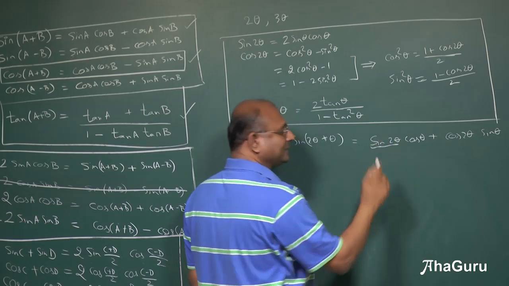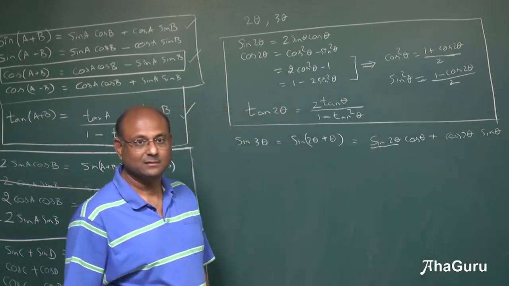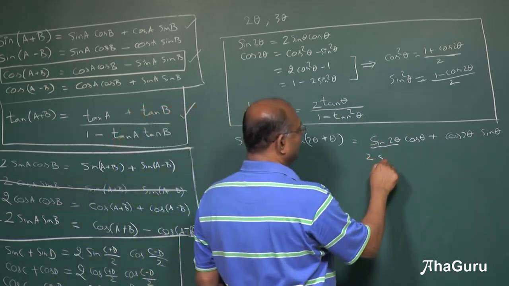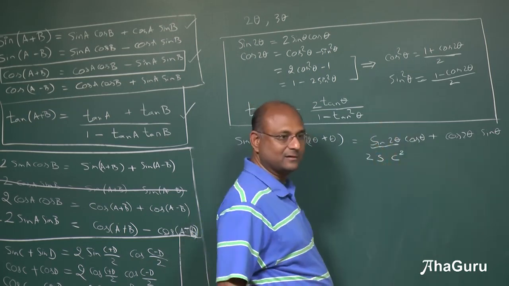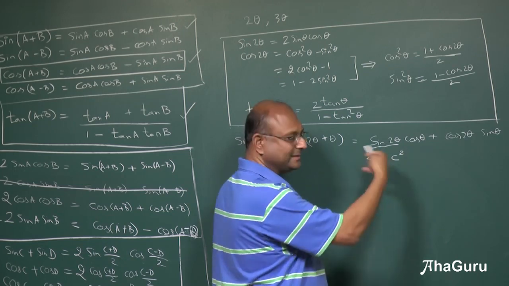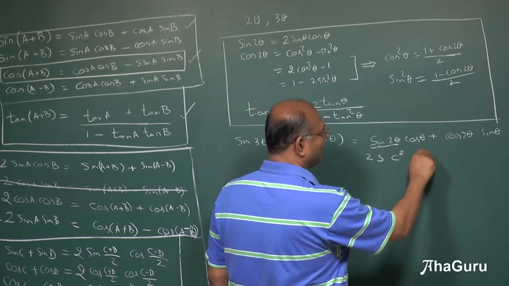Now this sin 2 theta itself is 2 sin theta cos theta. So 2 sin theta cos theta cos theta. I'll just write c square so it's easier for calculation.